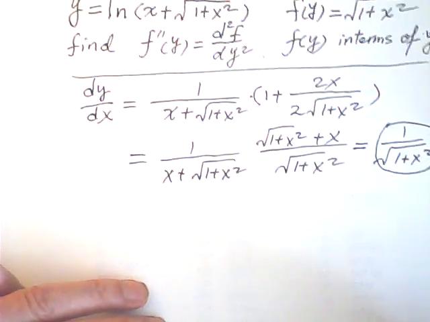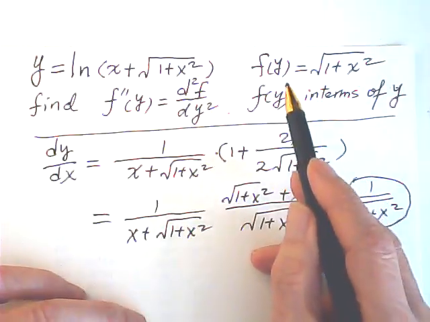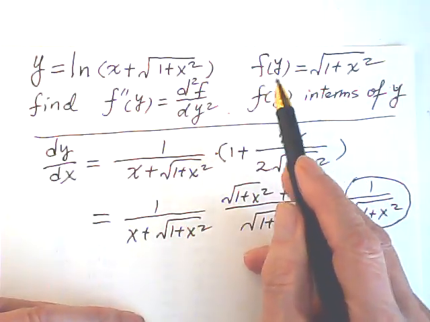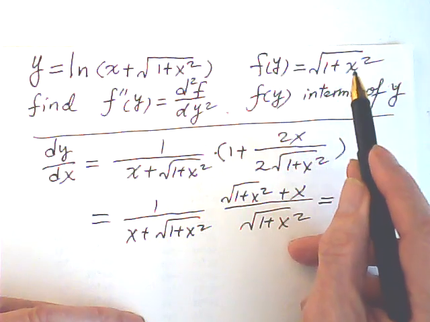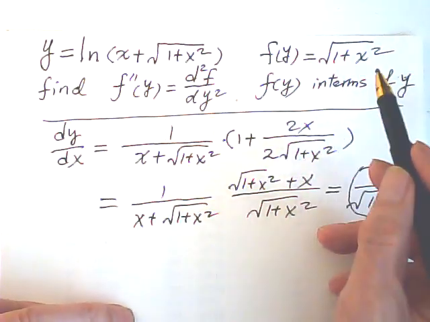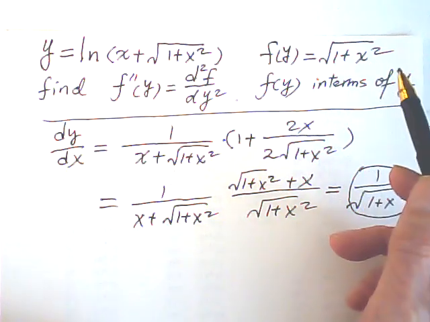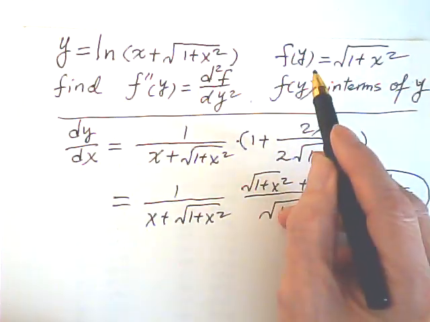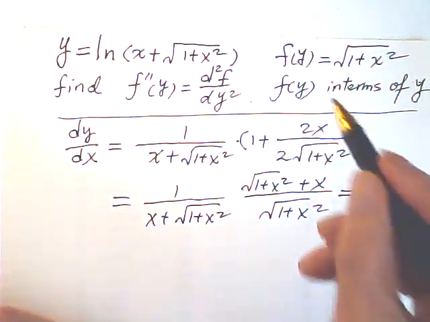Okay, then we come to this one. f of y is equal to the square root of 1 plus x squared. If we take the derivative with respect to x of both sides, the left-hand side will be what? Let me repeat again.